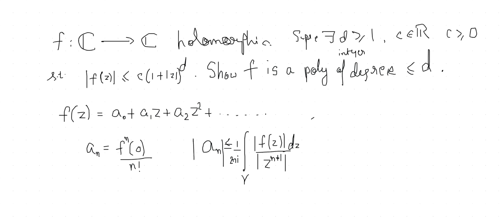And then if you put that bound, there is 1 plus mod z to the d, right, that is fine. And here you have mod, so this is r, right? R to the n plus 1. This is also r to the n. So this is r.